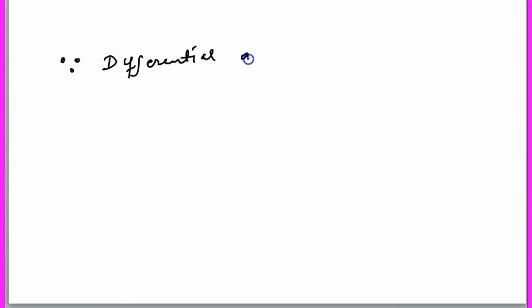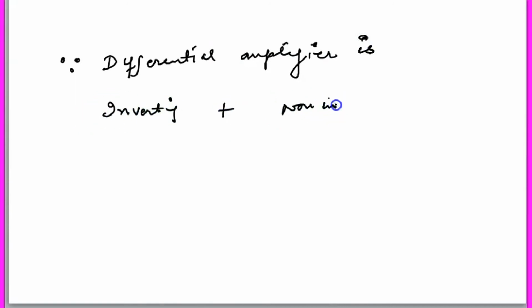Now the differential amplifier is the sum of inverting and non-inverting, and we have found the output voltage of inverting and non-inverting.